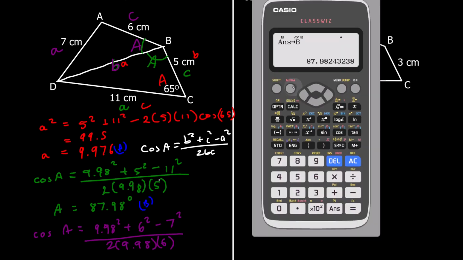So that is alpha A squared plus 6 squared minus 7 squared over 2 times alpha A times 6. So that's cos A is 0.722. Shift cos, the answer, 43.7.